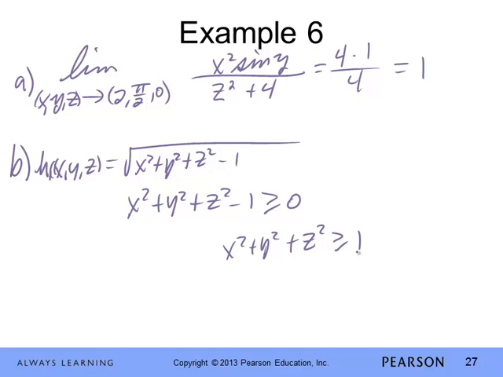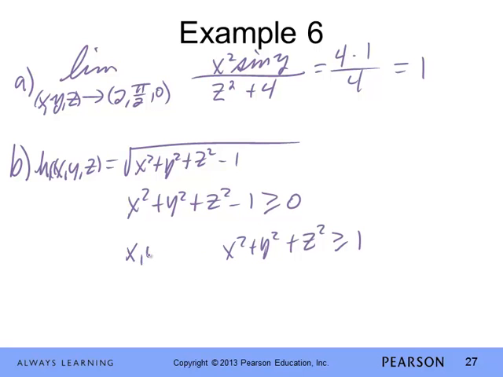Sphere of radius 1, exactly. And isn't that what we have when x squared plus y squared plus z squared equals 1? That's the unit sphere. So, do you see where we say that you're either on the boundary or outside of the unit sphere when we say this?